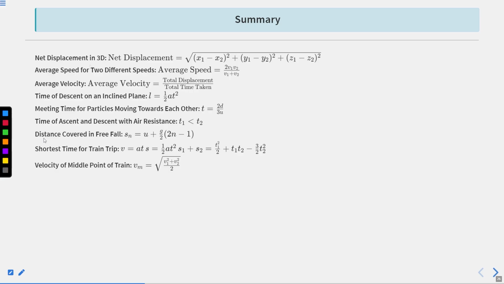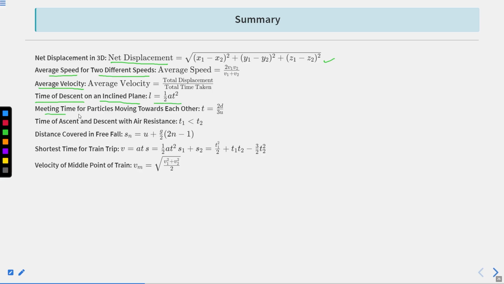Summary. These are the topics of questions we learned in today's lecture. First is net displacement in three dimensions; the net displacement formula is this. Second, average speed for two different speeds, and average speed and velocity, which is this. Time of descent on an inclined plane, which is this.